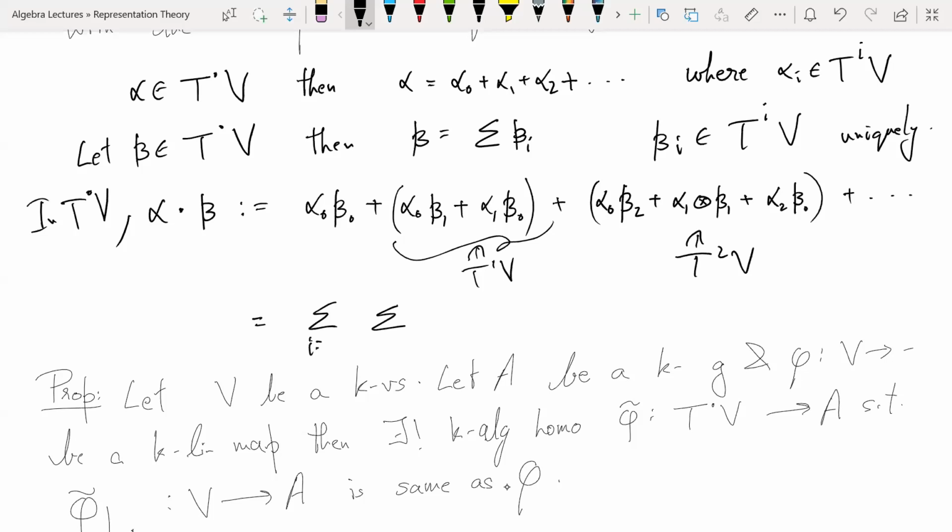I equals 0 to infinity, and here j equals 0 to I, alpha j tensor beta I minus j.